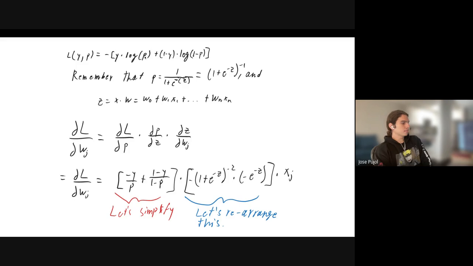So I need to first take the derivative of the loss with respect to p, the sigmoid function, which we symbolize here. Then that sigmoid function also has a derivative with respect to z, which is what contains my weights.